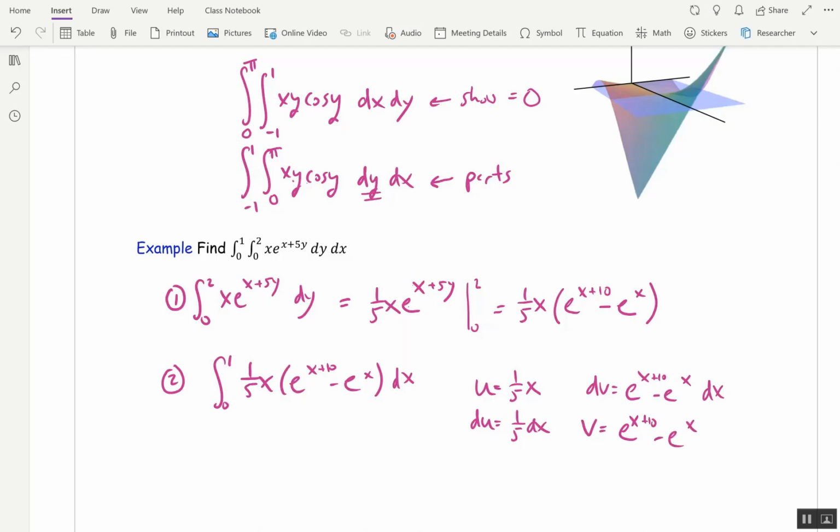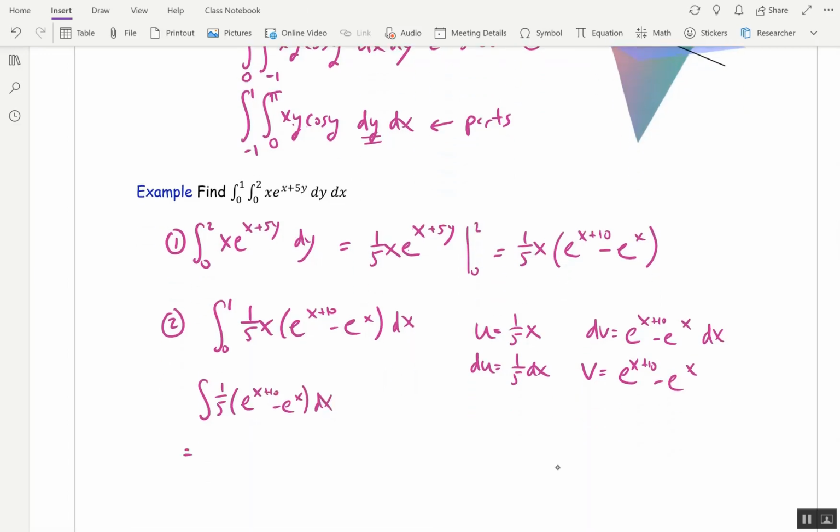So when I do integration by parts on a definite integral, first I do the indefinite integral. Then I get my answer, and at the bitter end, I put in the limits. Okay, so this is going to be uv minus the integral of v du. So 1/5 x e to the x plus 10 minus e to the x minus the integral of v du.